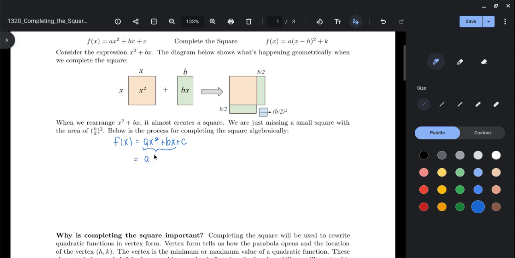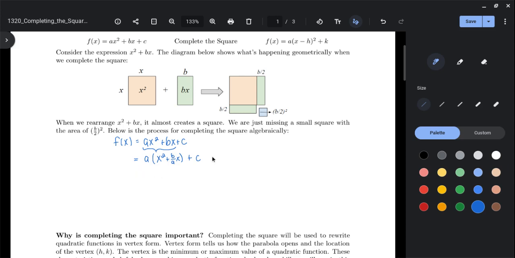What I mean by that is we're leaving c all by itself, but if I take out an a from this ax squared, we're left with x squared. And if I'm trying to take out an a from this bx term, I can think of this as a times what gets me bx, and that's going to be a positive b over a x. If you don't believe me, we can always distribute this a back to these two terms in parentheses, and we should get ax squared plus bx back, and we do.